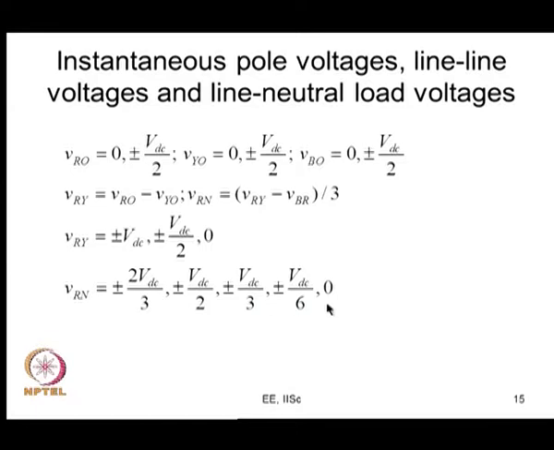These are possible with 2 level inverter. Now, you have this VDC by 2 also, and plus or minus VDC by 6. So, these are certain additional voltage levels that become possible because of your additional connection, the third point that is available. Your ability to connect the load terminal to the DC midpoint gives you these options now.